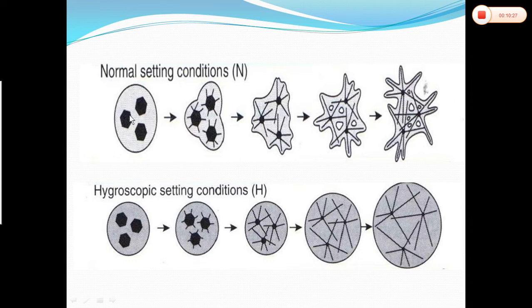For example, see here, 3 hemihydrate particles are dissolved in water and they will be converted into dihydrate. When they convert into dihydrate, it will grow like a crystal. See here, from the point of nuclei, crystal growth has taken place. These 3 particles are growing like a crystal.